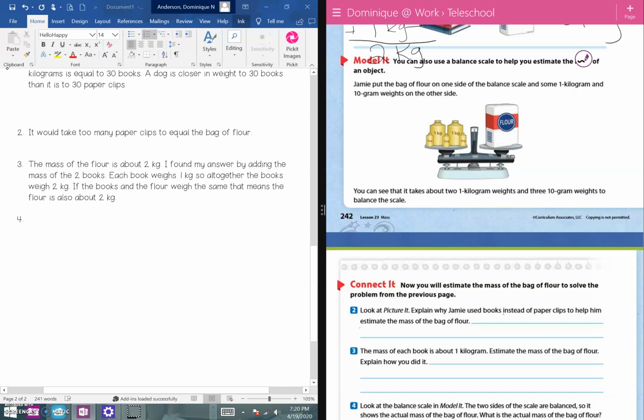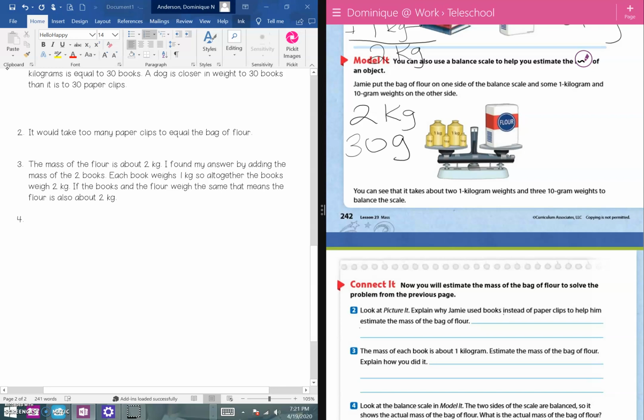So we have 1 kilogram here and 1 kilogram here. So far that's 1 kilogram plus 1 kilogram equals 2 kilograms. Now we can't mix our grams. That's a separate one. Okay? So remember, these are 10 grams each. So this is 10, 20, 30 grams.